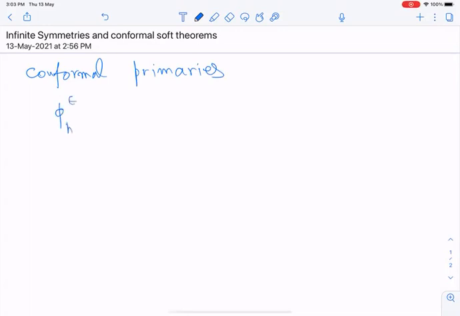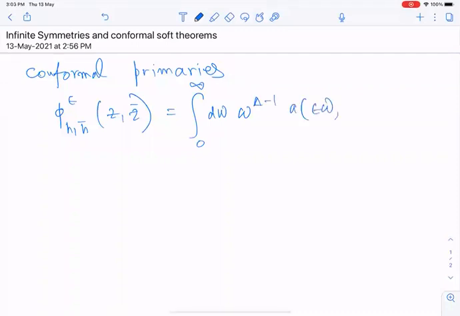We introduced these two kinds of objects, Sigma, and then we also introduced the three-dimensional field, which can be thought of as a Heisenberg picture field.